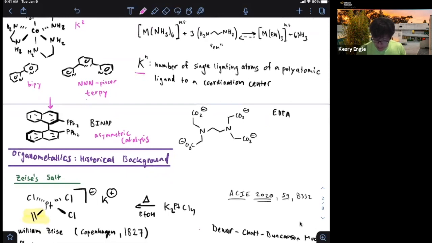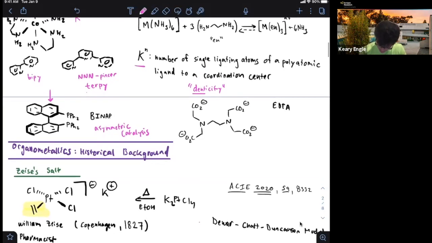And then for the chelating ligand, the polydentate ligand, the other language we'll use here is denticity. You'll see the root here, dent, the same as dentist, meaning the number of teeth that you're biting into the metal with. So we'll refer to monodentate, bidentate, tridentate as coordinating through 1, 2, and 3 atoms. EDTA is one of the most common chelating or polydentate ligands that you encounter in your daily life.